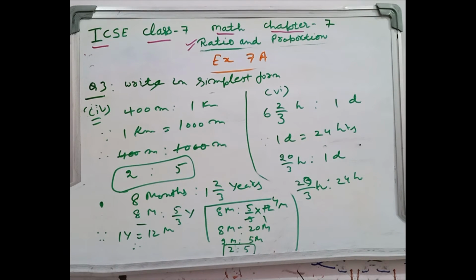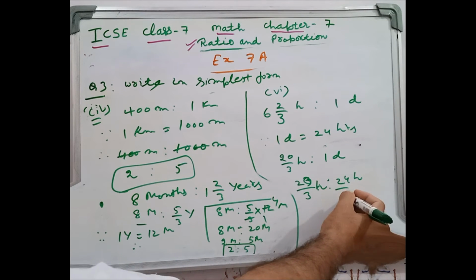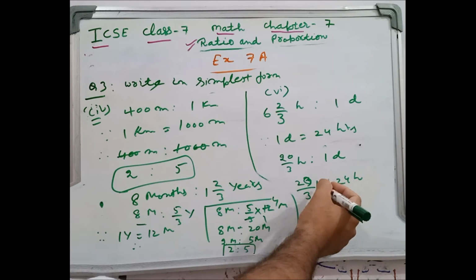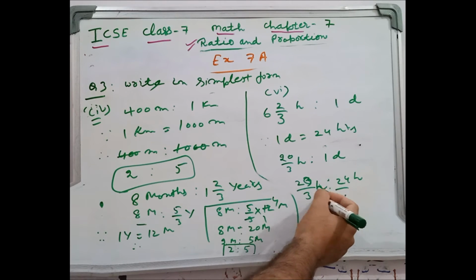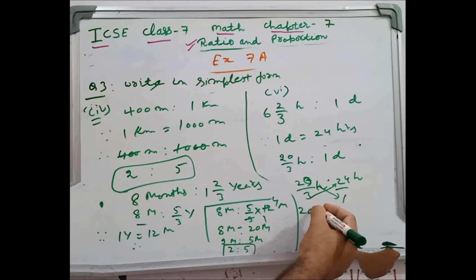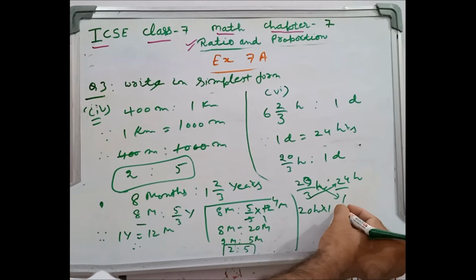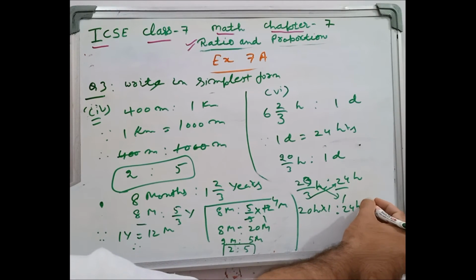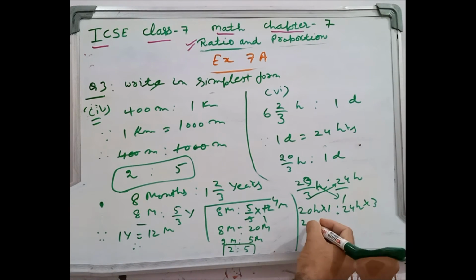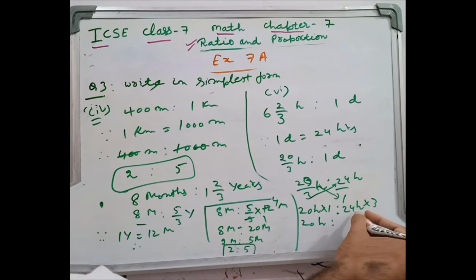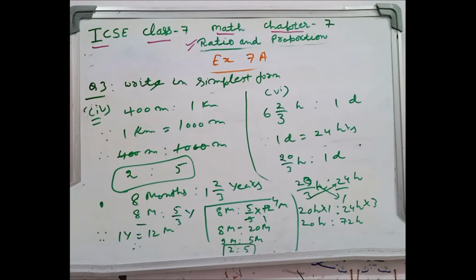Now what we are going to do here is cross multiply: 20 hours multiplied by 1 ratio 24 hours multiplied by 3. So 20 hours ratio 24 3s are 72 hours, right?